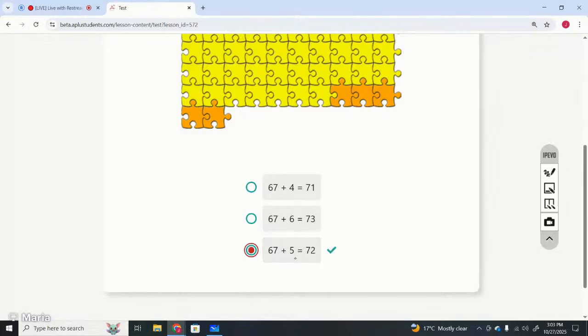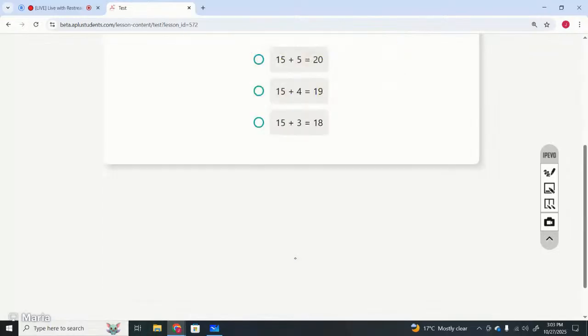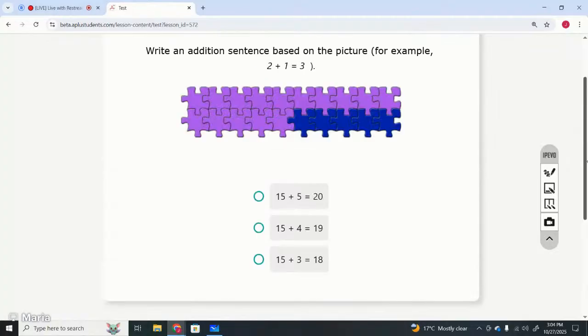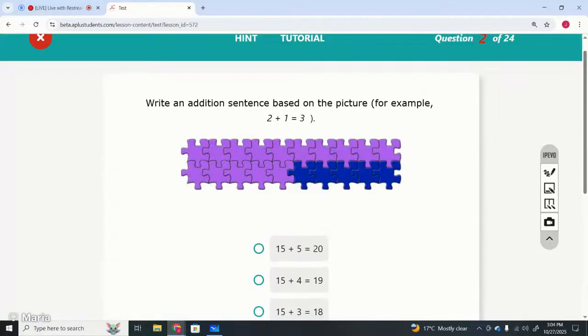Option number 3 is the correct option. Write an addition sentence based on the picture.